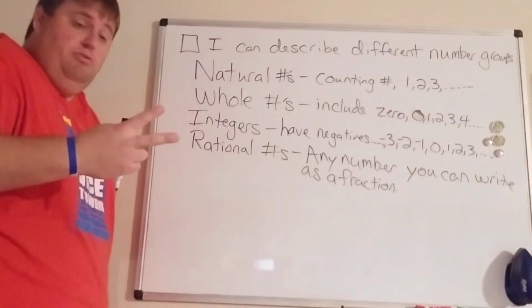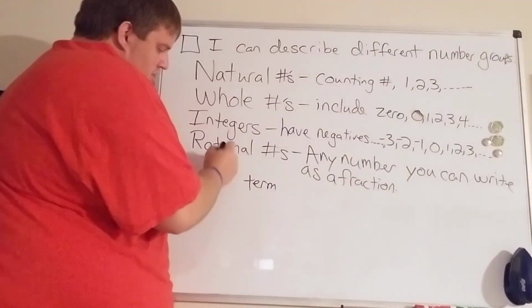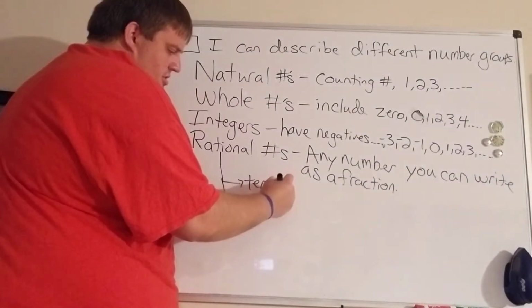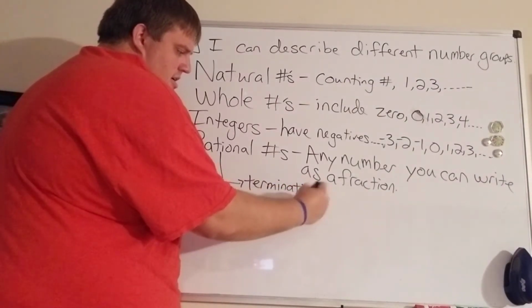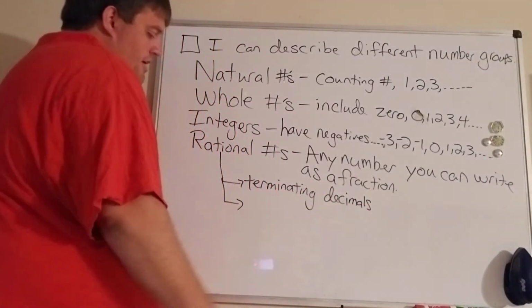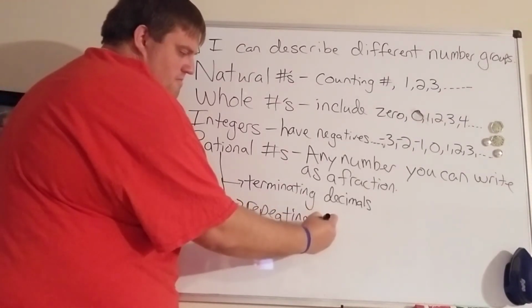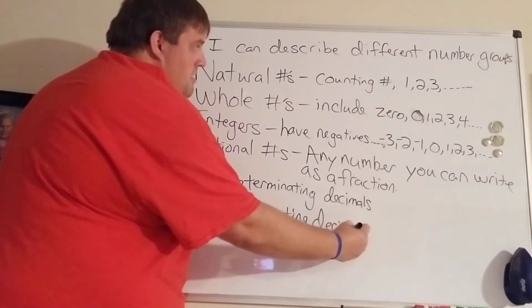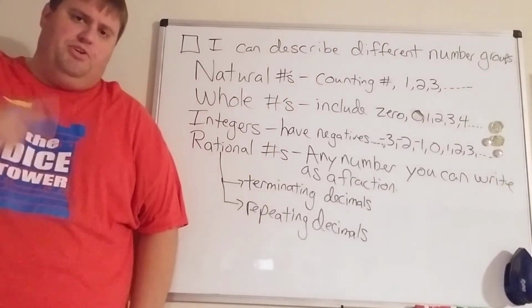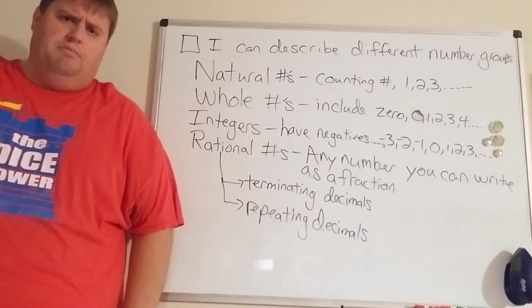You can split them up into two groups: the terminating decimals, which are all rational, and the repeating decimals. Those are the two types of decimals that you're going to find that are rational numbers. You can make them both fractions, which we're going to talk about, I think, tomorrow, sometime this week for sure.